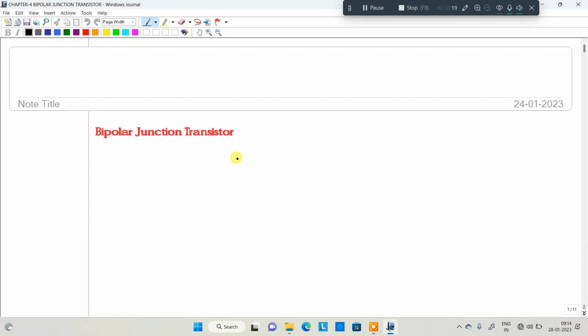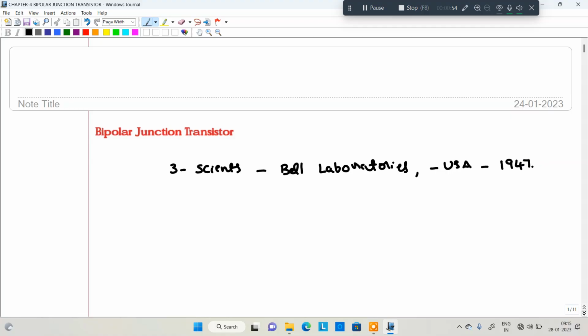The transistor was invented by three scientists at Bell Laboratory, in the USA, in the year 1947.